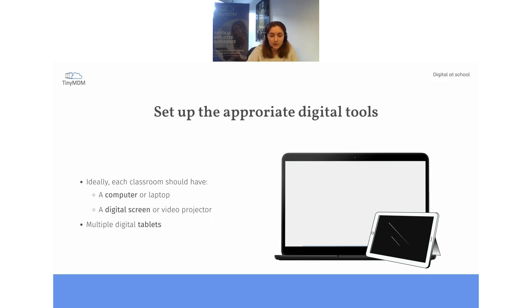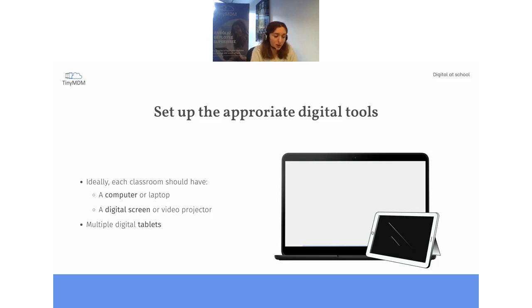The other thing that is important, except the digital screen, is the computer or the laptop. The computer is usually available in the classroom. Approximately every classroom already has a computer, so it can allow each classroom to have lessons on the screen.